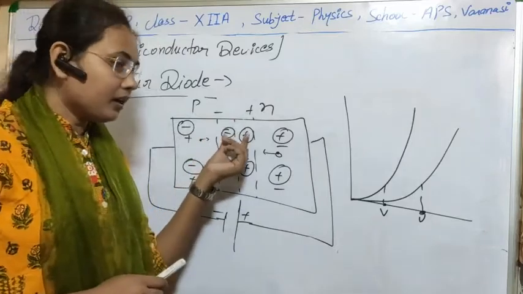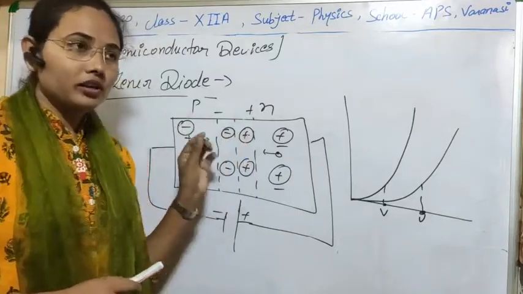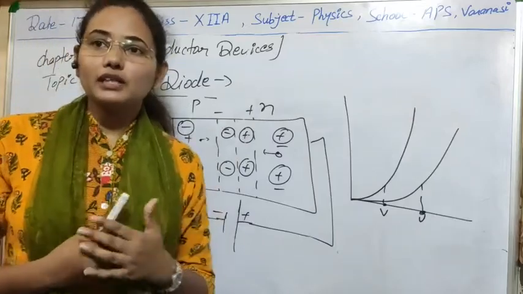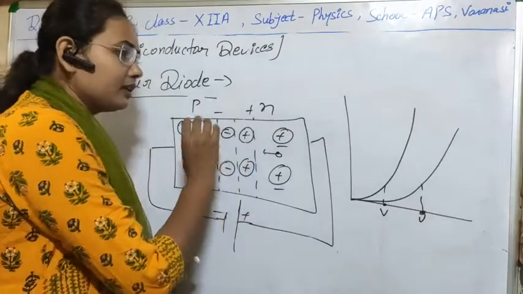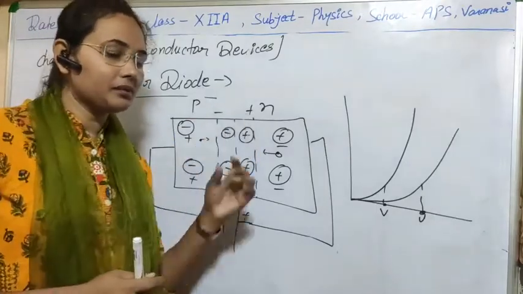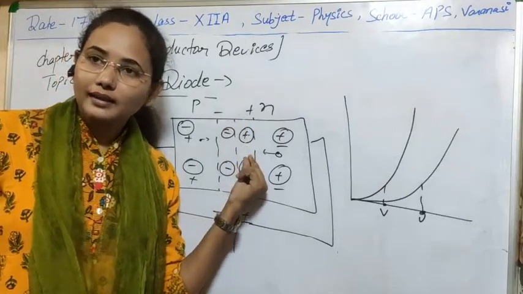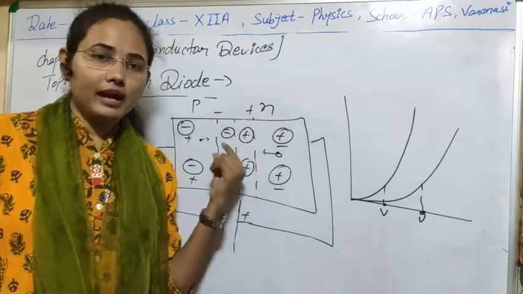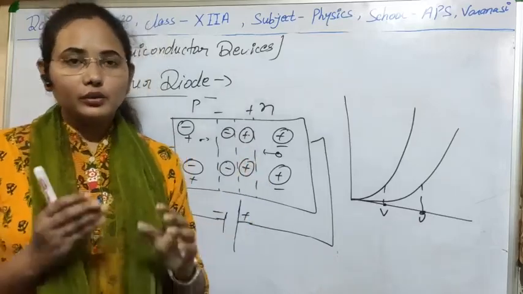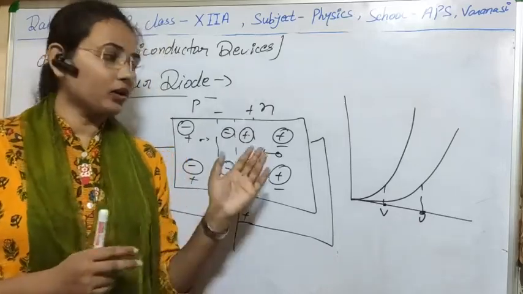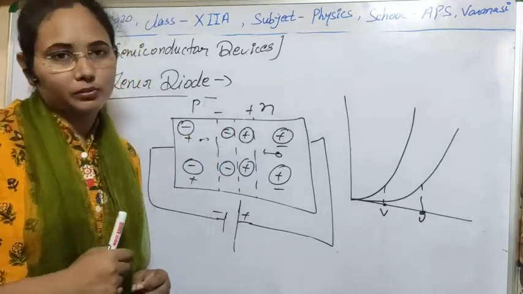The depletion region width is already very small, so there is no place for collision of particles. When the potential increases, the kinetic energy supplied to the ions also increases, and if the ions get energy, the covalent bonds will break down, and a large number of electrons and holes are produced in the junction.